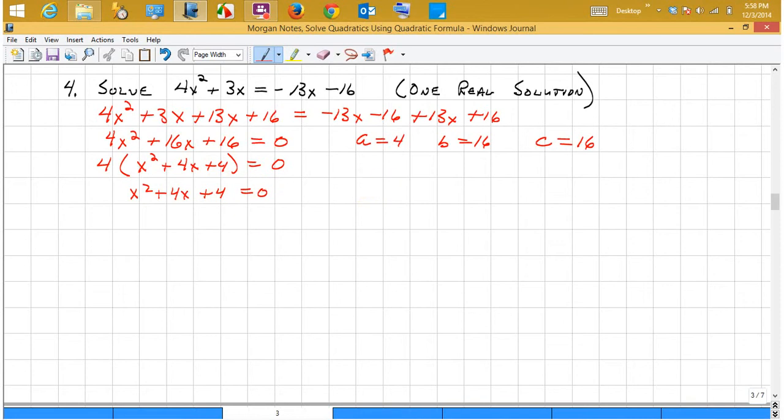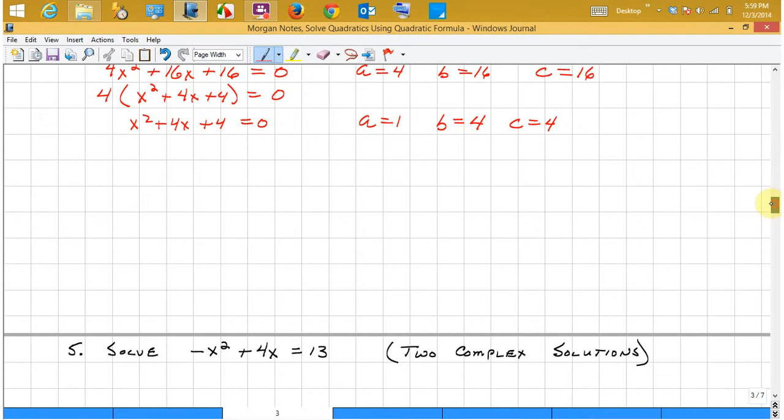In this case, I would have a equal to 1, b would be equal to 4, and c would be equal to 4. And I could use the quadratic formula on that, and I would get the same answer. I'm just going to have smaller numbers, so at the end there'll be less simplification to do.